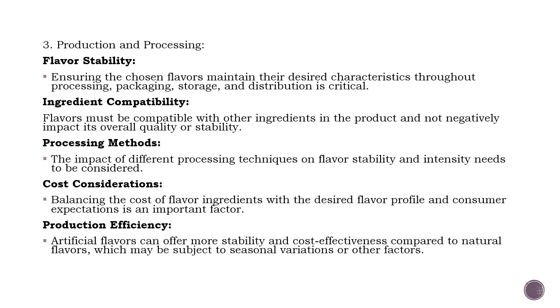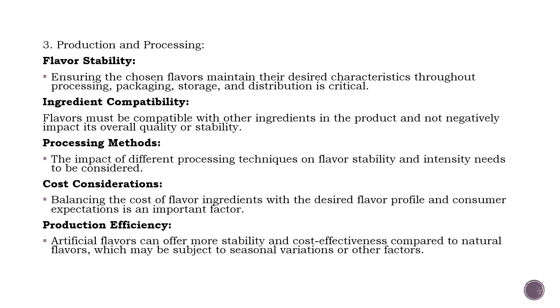Production and processing. Once we are ready to prepare a flavor or any other color component, we have to ensure flavor stability, ingredient compatibility, processing method, cost consideration, and production efficiency. Flavor stability: we have to ensure that flavors maintain the desired characteristics throughout processing, packaging, storage, and distribution. Ingredient compatibility: flavors must be compatible with other ingredients in the product, not negatively impacting its overall quality or stability.